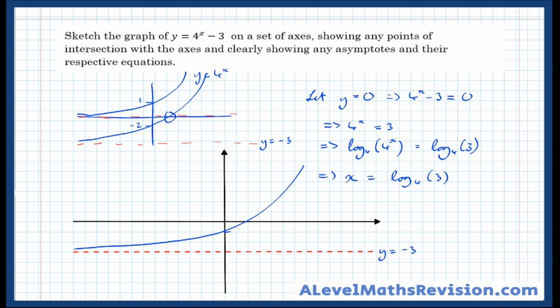This point here, we know that that is (0, minus 2). On the original graph it was (0, 1), but it's been translated downwards 3 units. We know this one is (log base 4 of 3, 0). And we know, as we've already written down, that the asymptote has equation y equals minus 3. So that's everything that was asked for, and that's y equals 4 to the x minus 3.